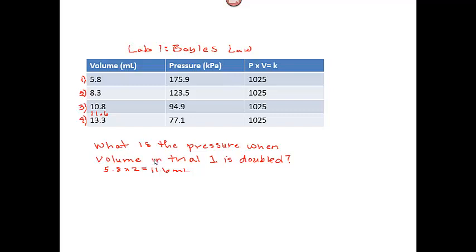Well, you can solve this problem in two ways. The first way is just conceptually. Remember, we just learned that if you double your volume, what's going to happen to the pressure? Well, the pressure is going to be cut in half. So we can just go ahead and write that down. If volume is doubled, pressure is cut in half.